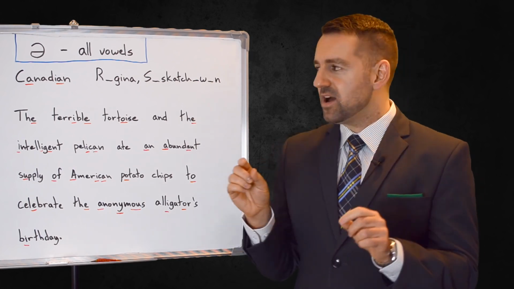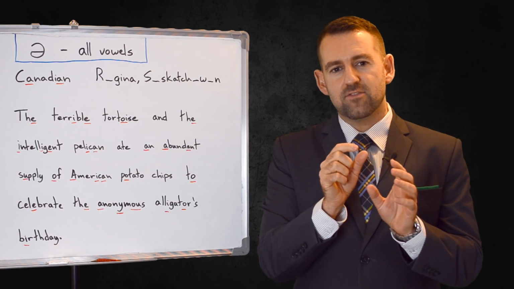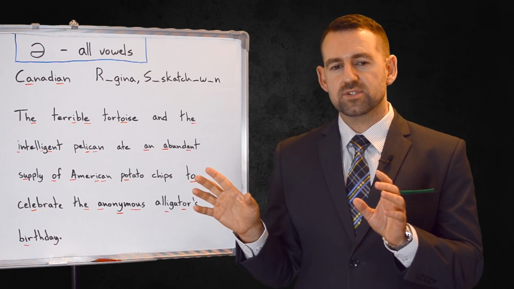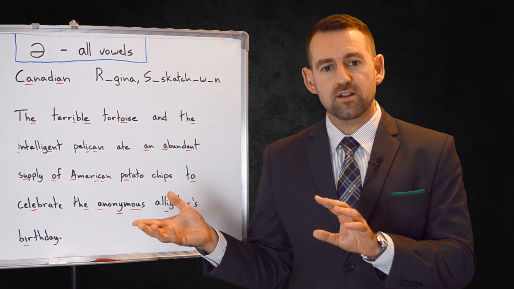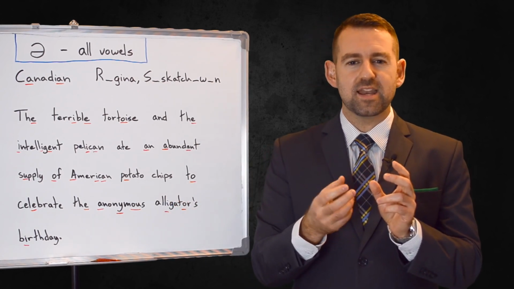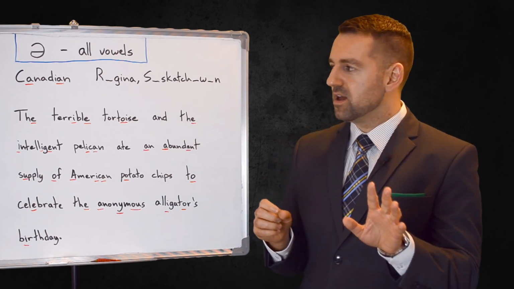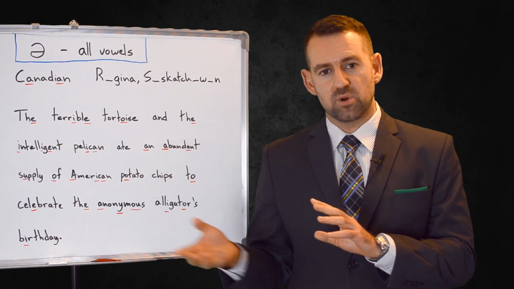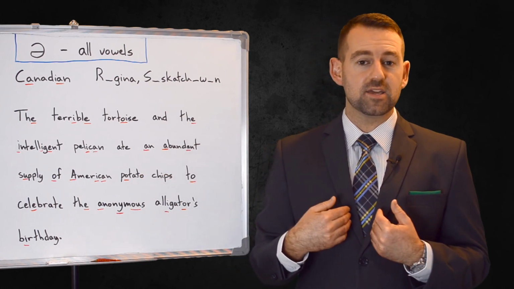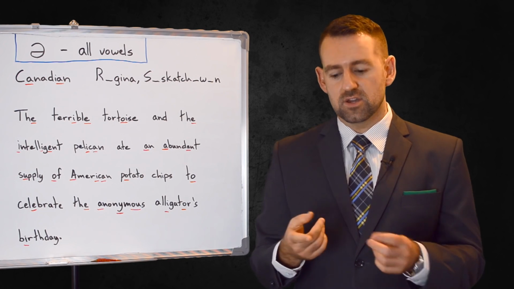But this sound, the schwa sound, takes the place of all the vowel sounds that I've taught you so far, usually in a word with an unstressed syllable. Okay, so far I've taught you all the vowels that I use when I speak English and that other native English speakers use.